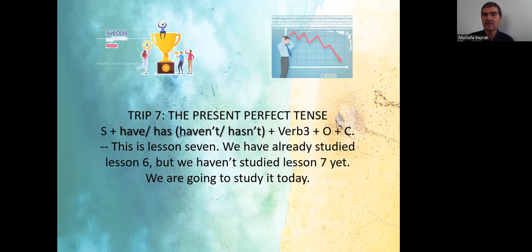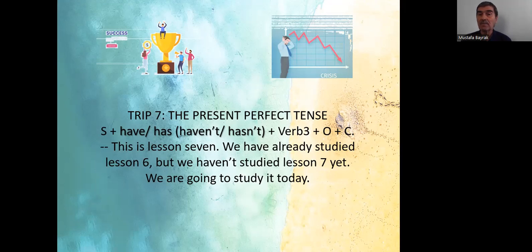I think the example sentences will say a lot about it and describe it better. The structure of it is this. Subject is always, as you know, at the beginning. Then according to the singularity or plurality of the subject, have or has, haven't or hasn't, and then verb 3.